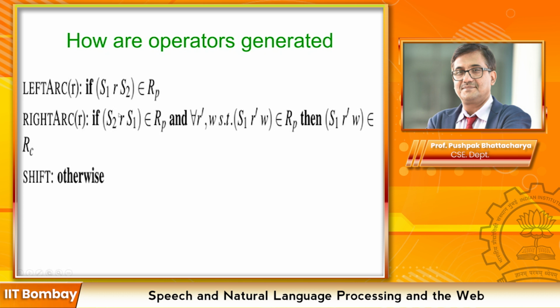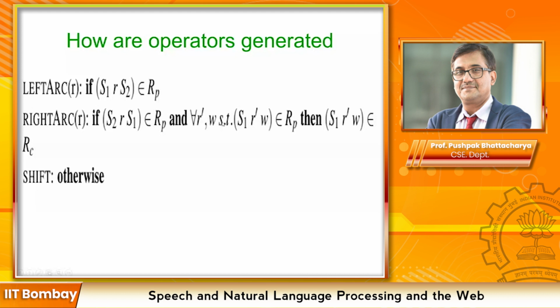Now S2 to S1, if you see a relation in the dependency tree which is presented to you, RP, and for all R' comma W such that S1 R' W belongs to RP, then S1 R' W belongs to RC.